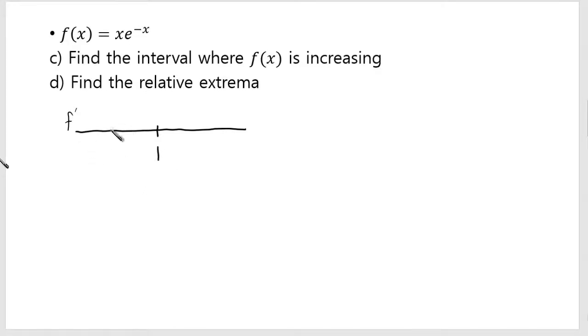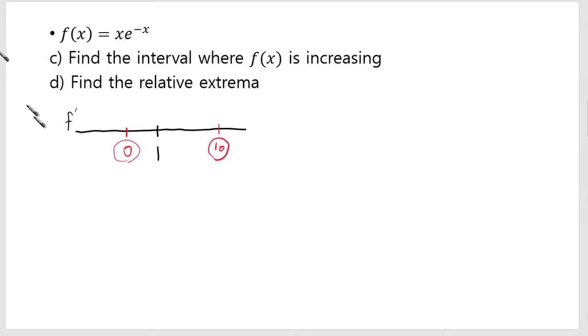And you just need to pick a sample point before 1. I like 0, so I'm going to pick 0. And then I like 10 because 10 is a big number and it's easy to compute. So these are the sample points I pick in these intervals.